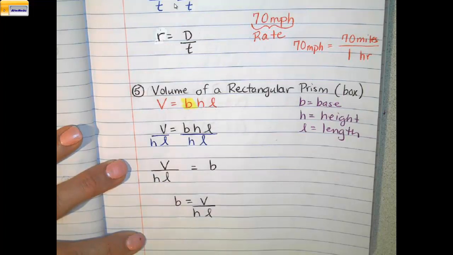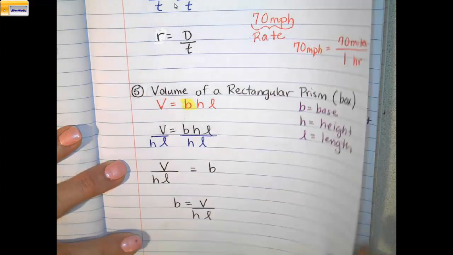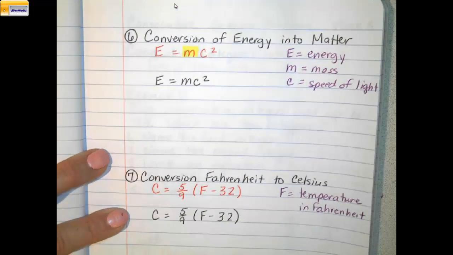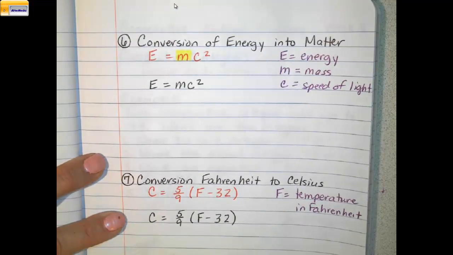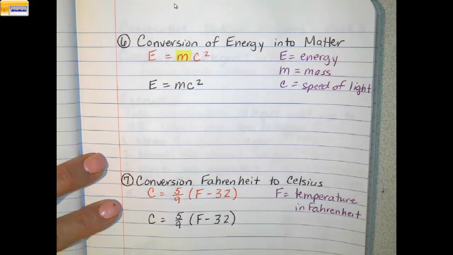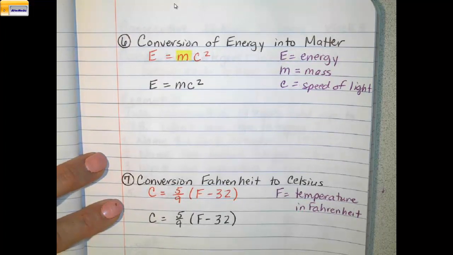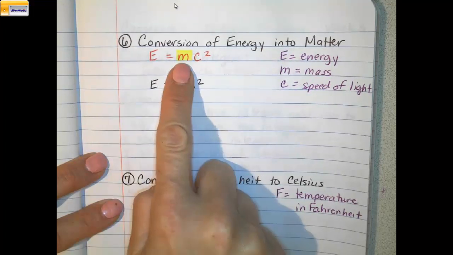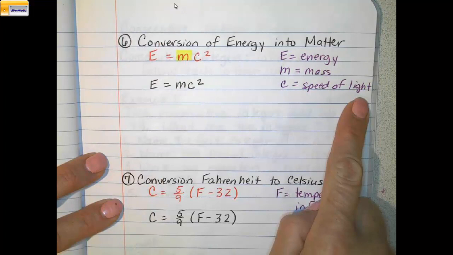We have two more examples involving solving for a variable. The next is a really common one. We see it all the time. It's a very popular equation, E equals mc squared. If you asked a common person on the street what everything actually stood for in that equation, I'd be surprised if many knew. But in fact, E is energy, M stands for mass, and C is actually the speed of light.